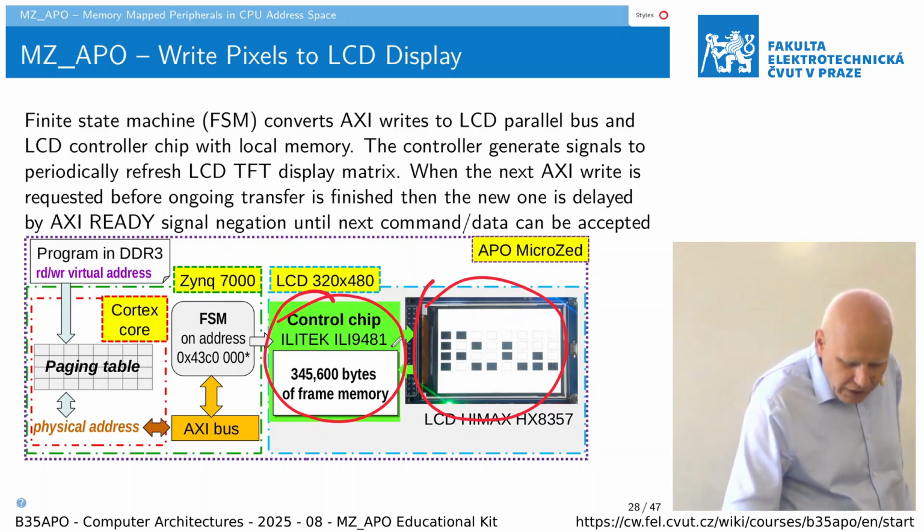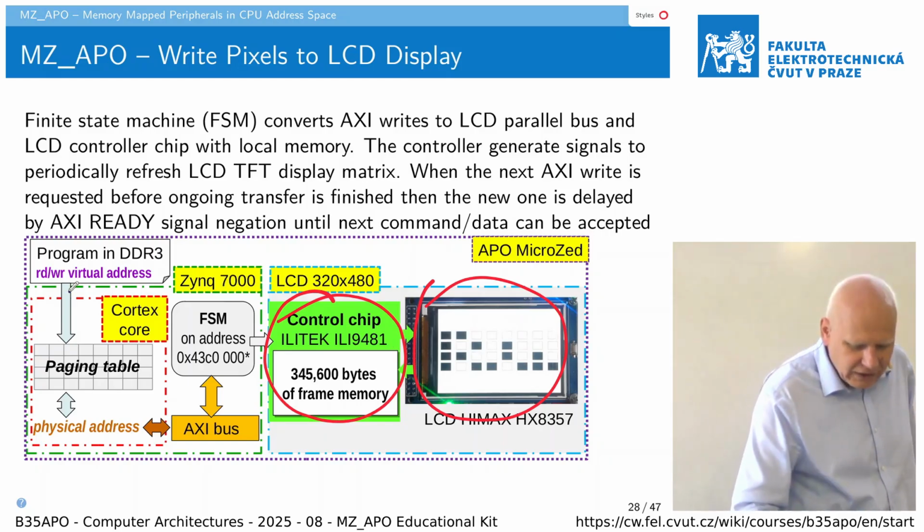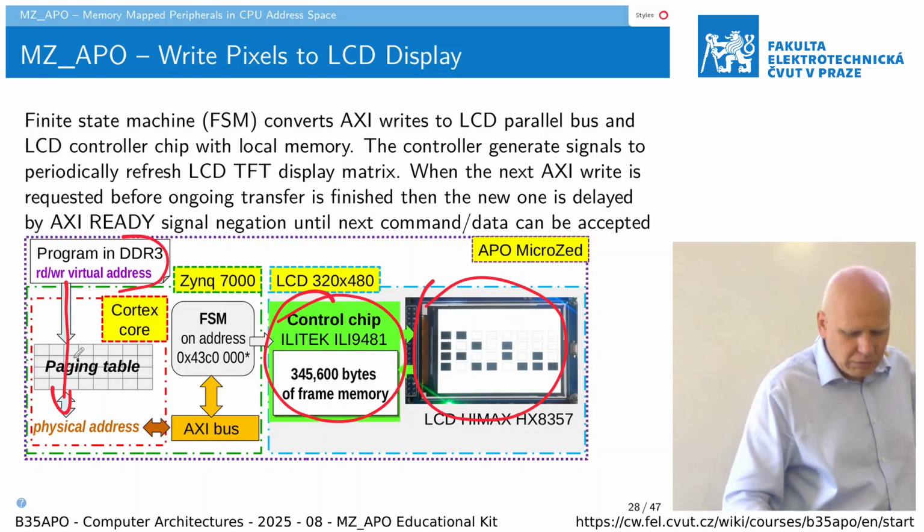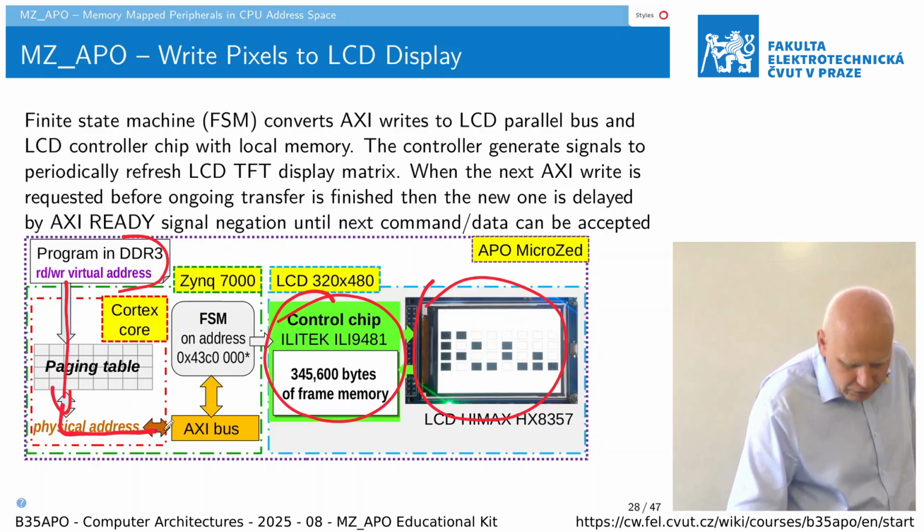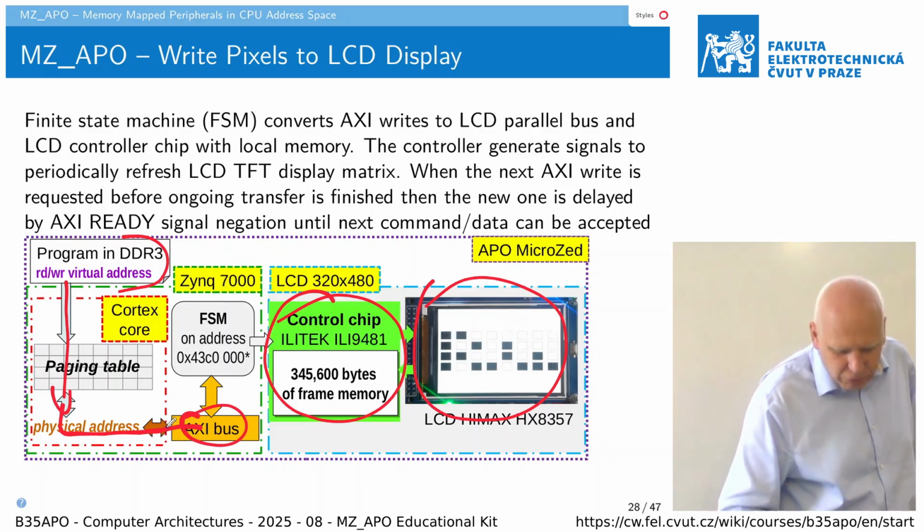So if we want to write to such a controller, then we need to write to some physical address. We start with the virtual address space. According to the mapping and page table, we get to the physical address space, to the AXI bus.